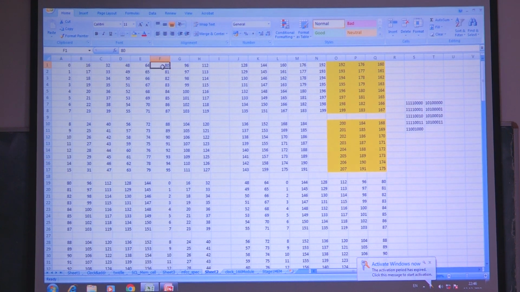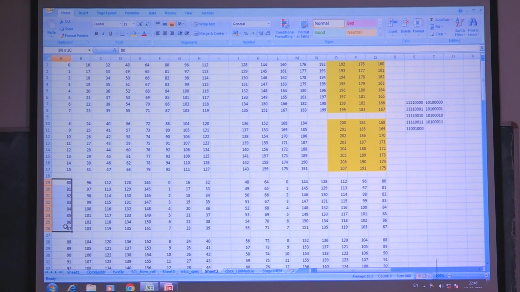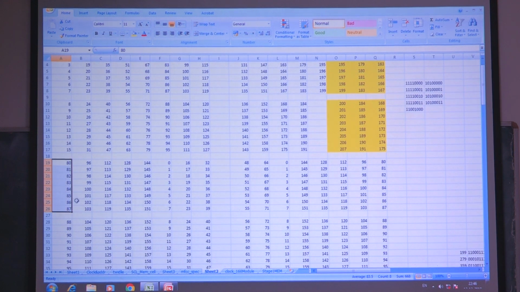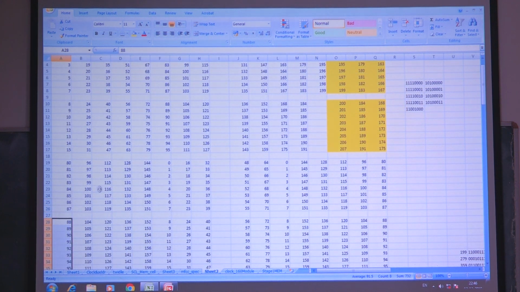During the samples 80 to 87, it will also store in the third memory tile for the frame 2 zeroth sample. So after 80, from 88 to 95, it will store in the fourth memory tile. So similarly, it will keep on going for the first frame and the second frame.